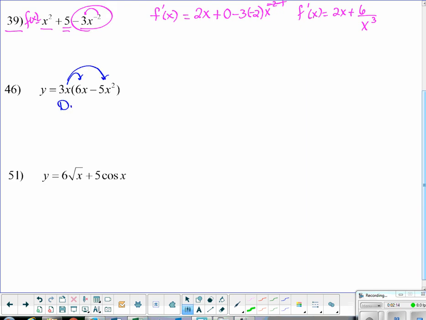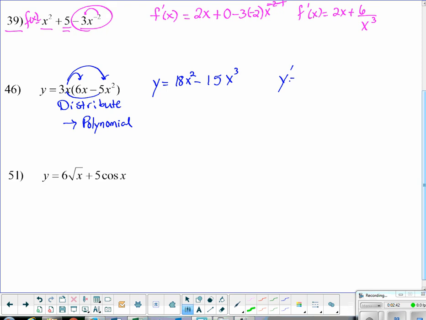So let's just distribute that 3x through, and that'll turn it into a polynomial. And then we can take the derivative of each term. Okay? So I'm going to get y equals 18x squared minus, now take 3x times the 5x squared, and that's going to give me minus 15x to the third. That should be a great place to take a derivative.